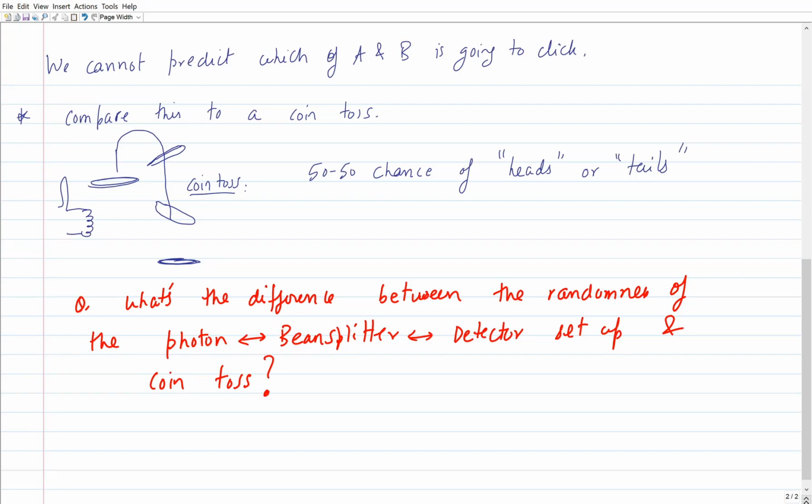How are these two randomness different? So that's one of the questions.